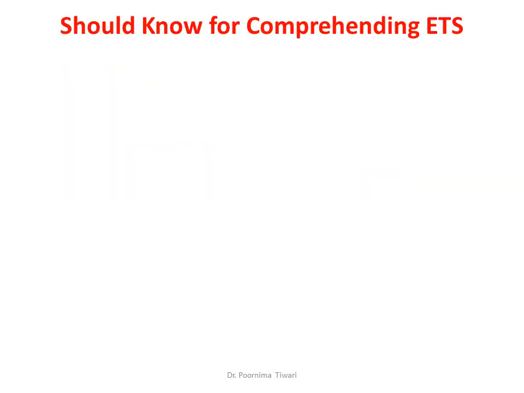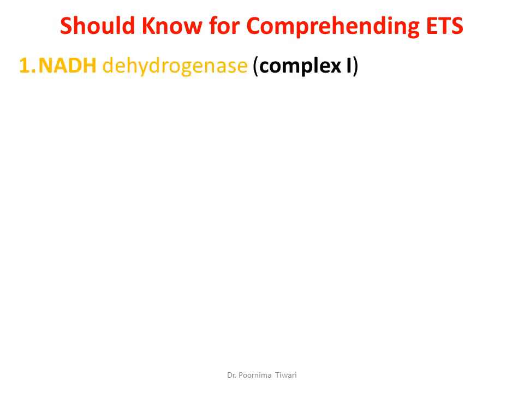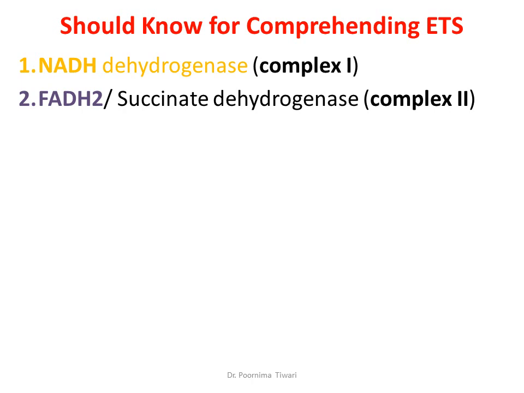Some more facts for simplification of the electron transport system: NADH dehydrogenase, an enzyme which removes H from NADH, is known as complex 1. Succinate dehydrogenase, which is also the FADH2 generator during the Krebs cycle, is known as complex 2.